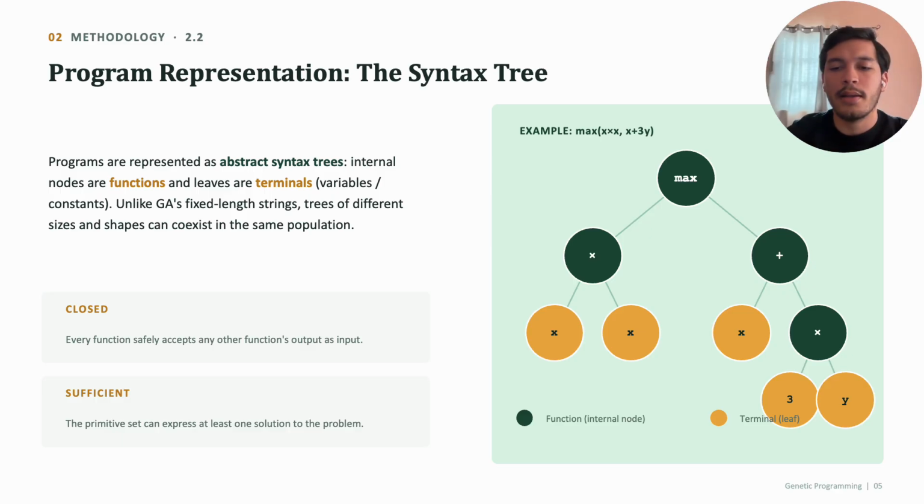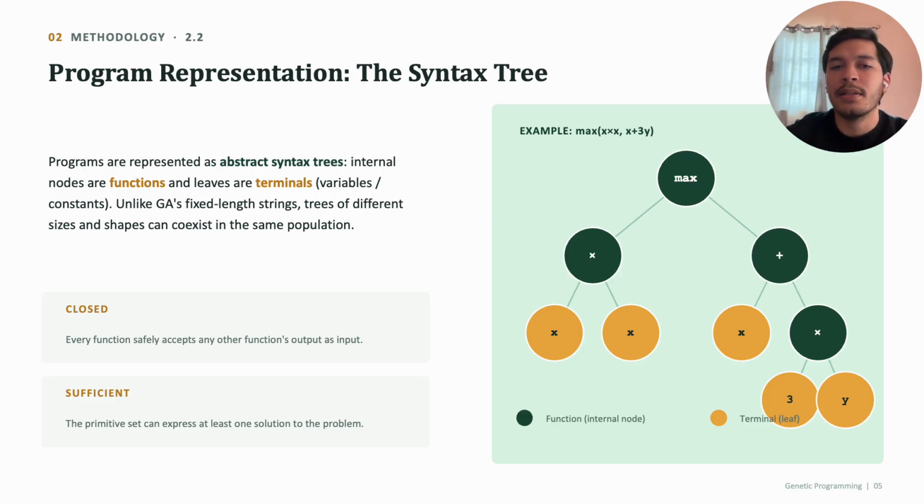When we say programs in genetic programming, we are actually referring to something we call a syntax tree, which you can see on the right of this slide. The internal nodes are functions. Here we have max, times, and plus.